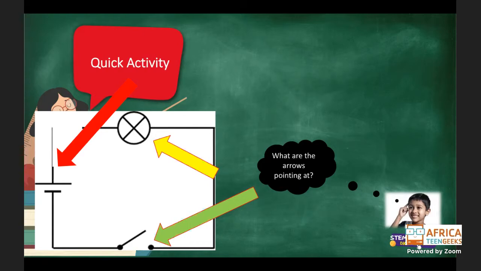What does this yellow arrow point at? Your answers are definitely correct. The yellow arrow is pointing at a light bulb. Thank you so much, guys, for your responses.